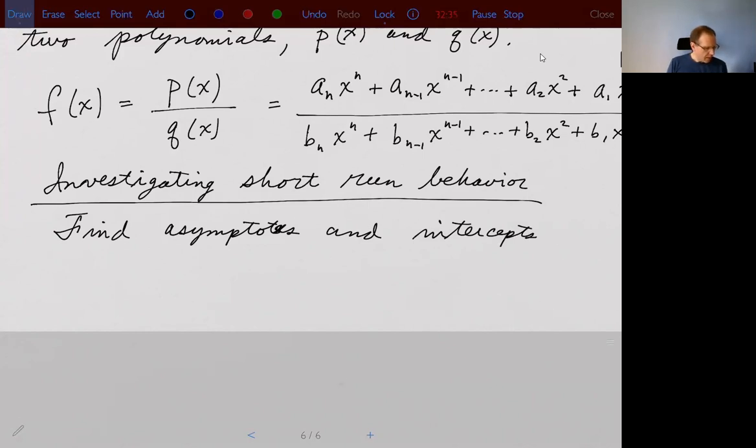Okay, so let's talk about vertical asymptotes first.